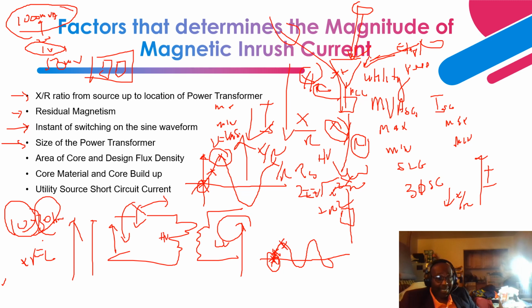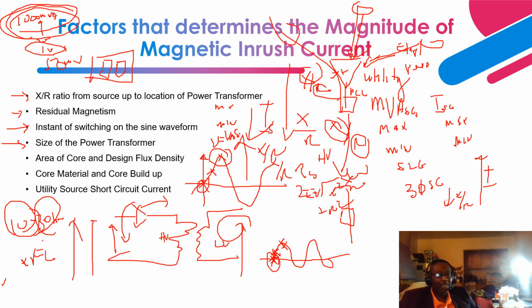The size of the core will require more inrush current to magnetize the core compared to 100 MVA. We are comparing a 1,000 MVA transformer to a 100 MVA transformer.